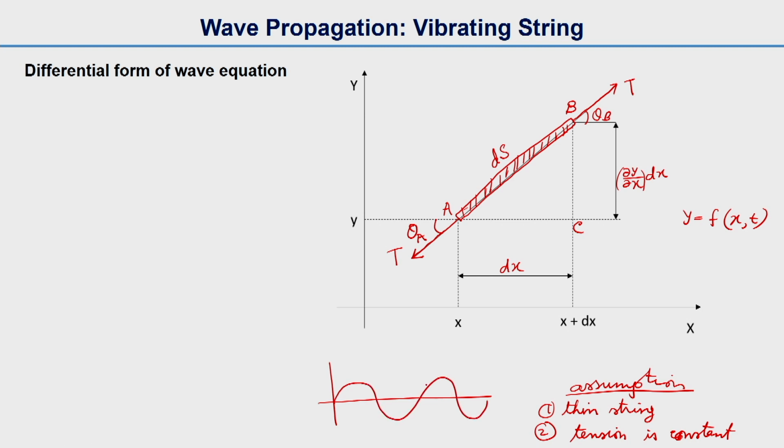So if you take a portion of the string, it will not be exactly a straight line, that is why theta A and theta B will not be the same. This theta B will be theta subscript A plus differential of theta.